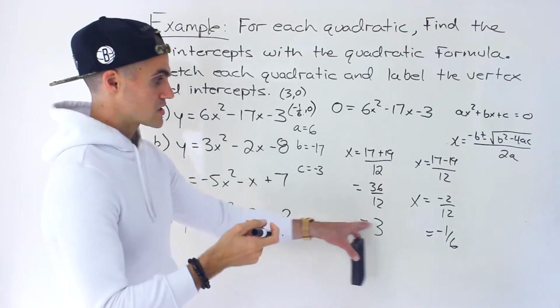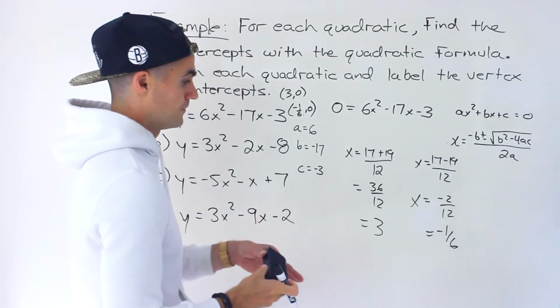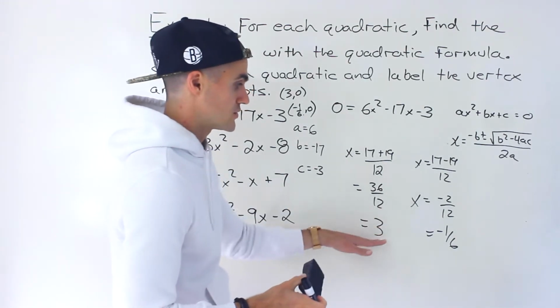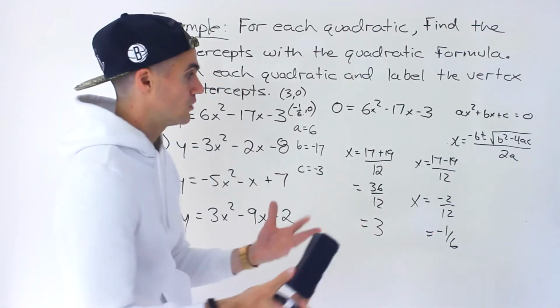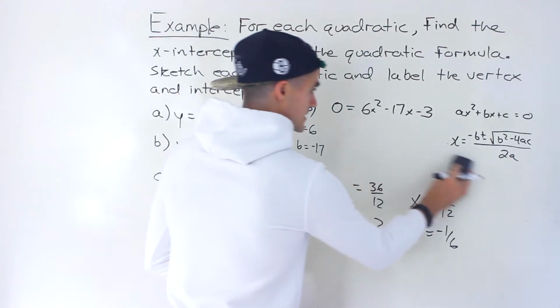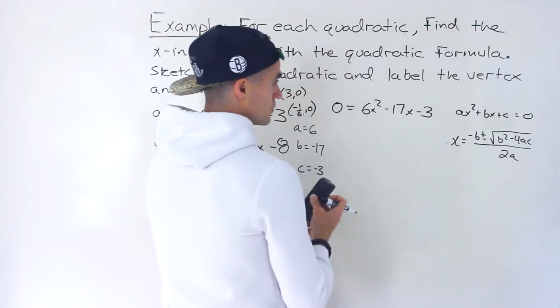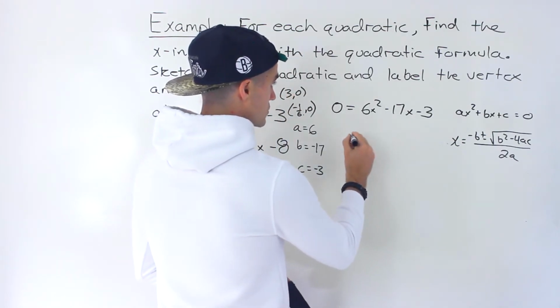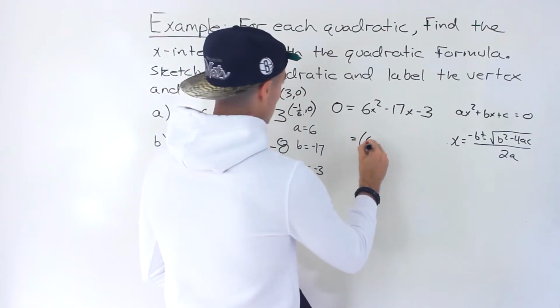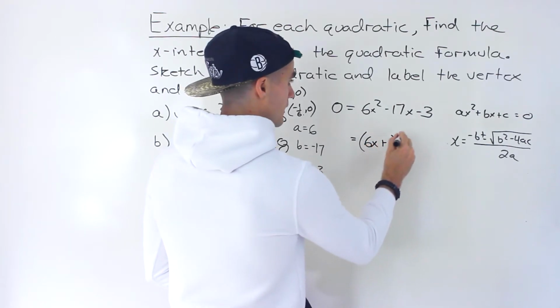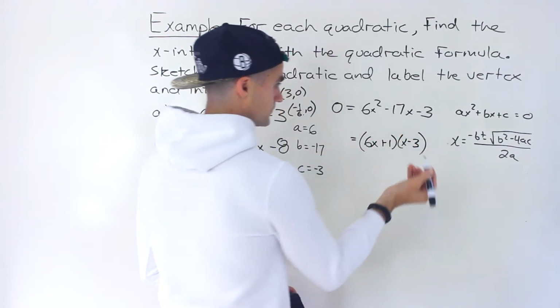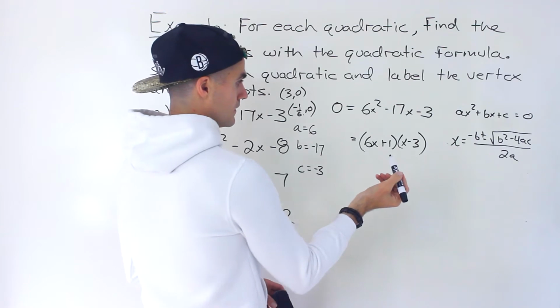And then because we got these smooth values here, an integer and then a smooth fraction with no radical expression, it actually means that this, if you wanted to, it actually factors. So this, I think it factors into what, x plus 1 and then x minus 3, like that. Right?